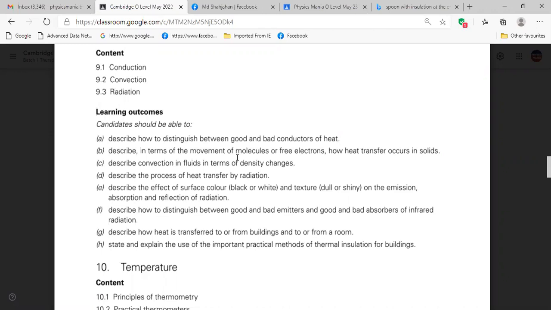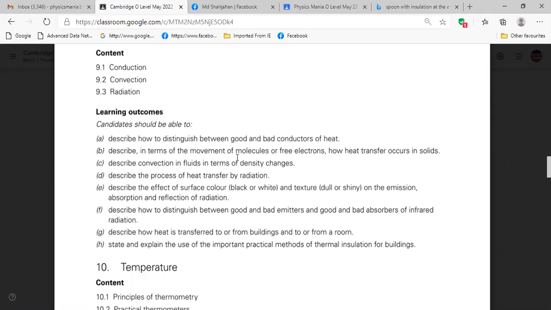And aluminum is cheap. It can easily be bent to make different kinds of containers. That's why aluminum is used mostly, right? The other metals are a little bit expensive.